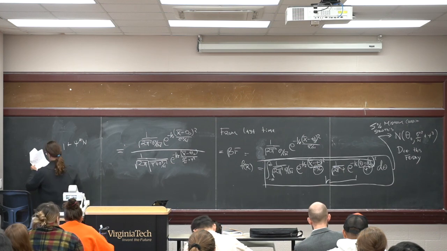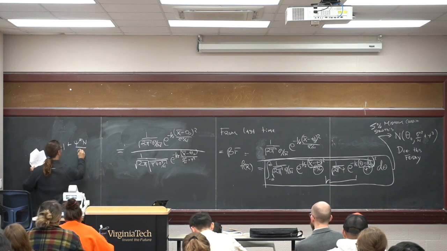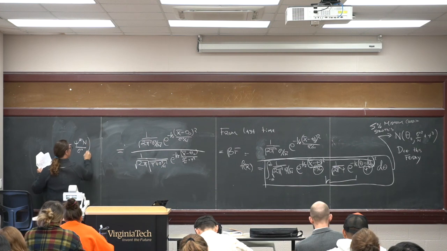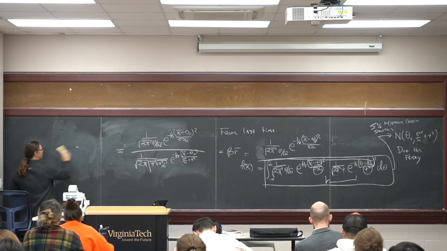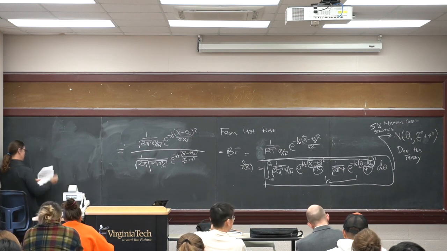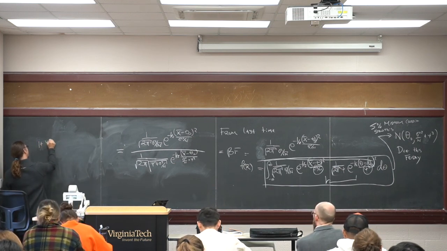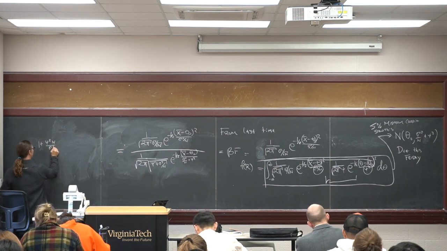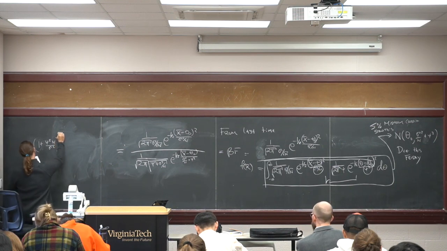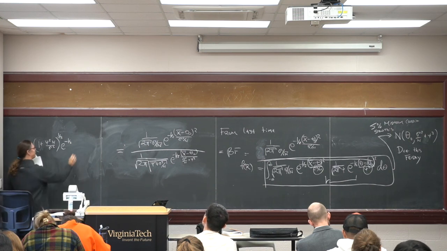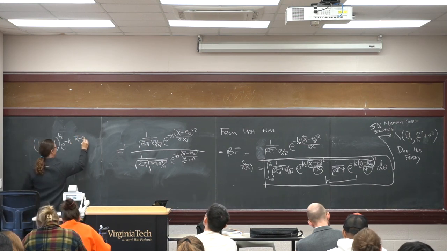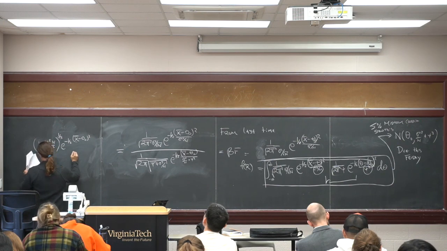Psi squared n over sigma squared to the 1/2. Give myself just a little bit more room. 1 plus psi squared n over sigma squared. Inverse, oops, not inverse. 1/2 e to the minus 1/2 x bar minus theta naught squared over sigma squared over n.